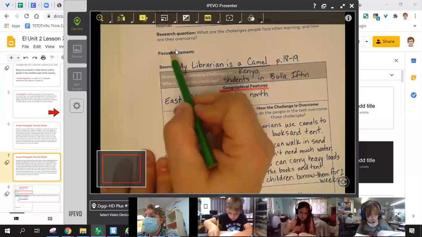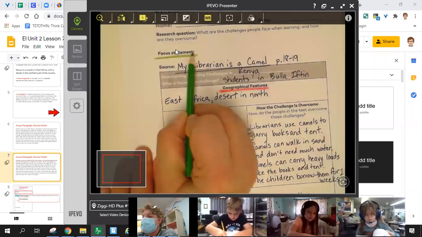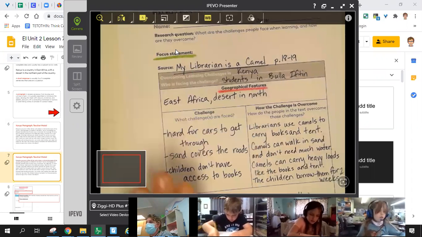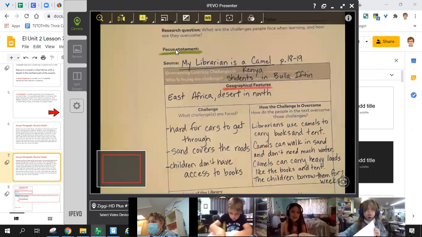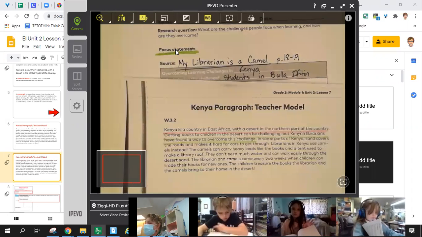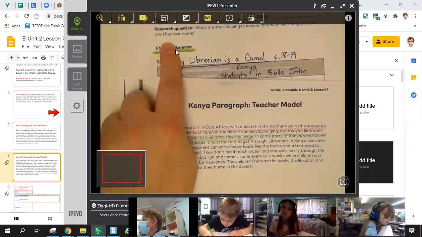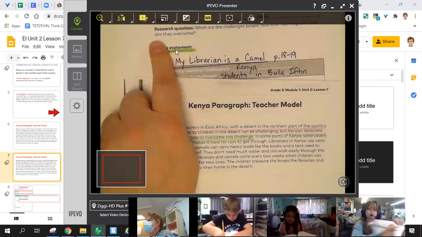Ah, right here. So we're going to underline that green. Focus statement. So that's where we want to be. I'm also going to put this here in case somebody missed where we were on the paragraph. So right now there isn't anything here, but we're going to make sure that we have something written nicely here on your page today.